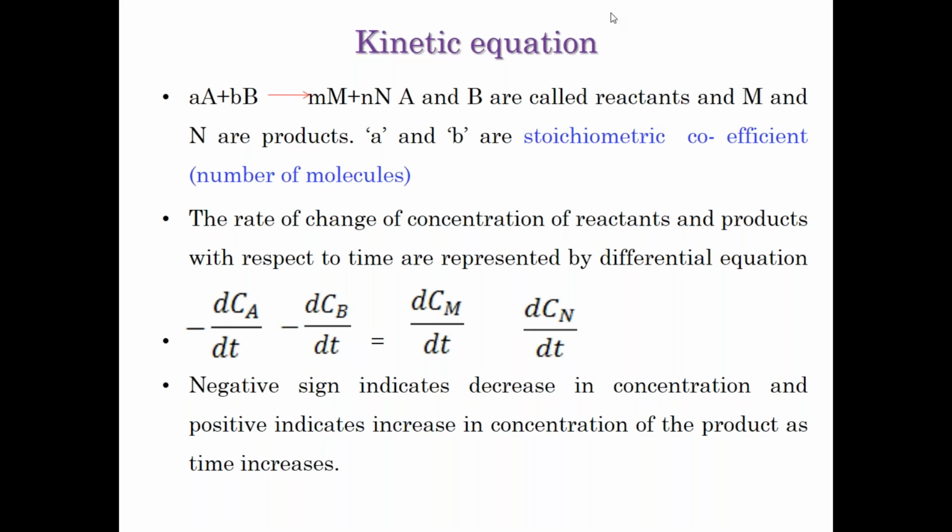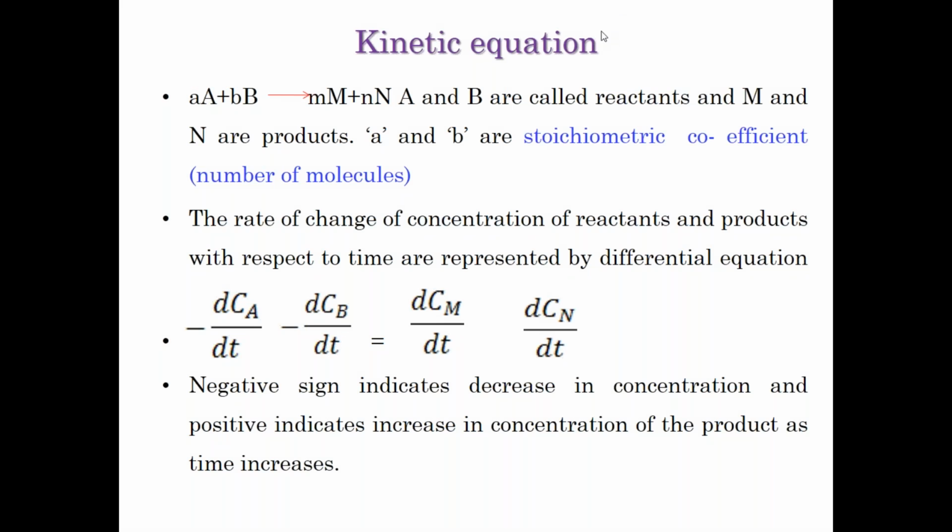If this B is not there, imagine a situation where the degradation happens without the presence of another reactant. There is a chance, of course. So now the order will be only A, not A plus B. Like this, if three reactants are present, it is A plus B plus C. So the order of reaction is nothing but the sum of the exponents.